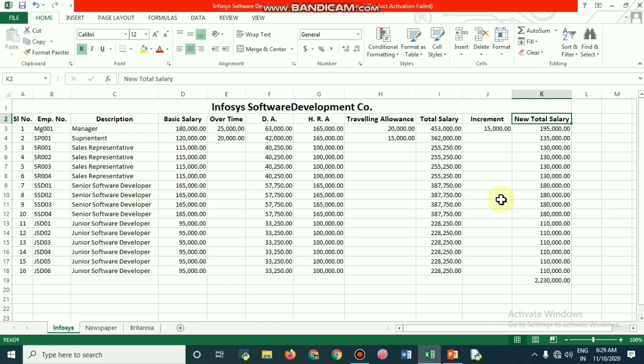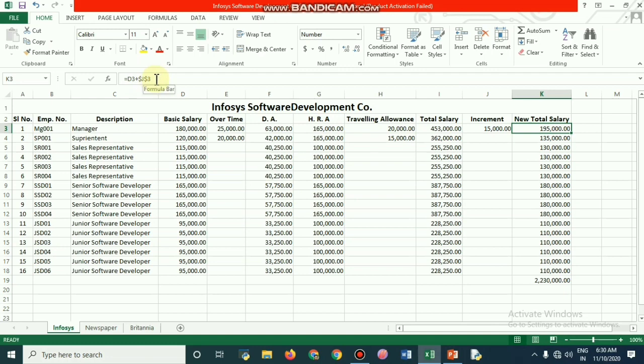So accordingly, what is the change? So when you put a formula here, the cell address, that means the increment amount, did not change at all. So you could insert a dollar sign in front of the cell address.